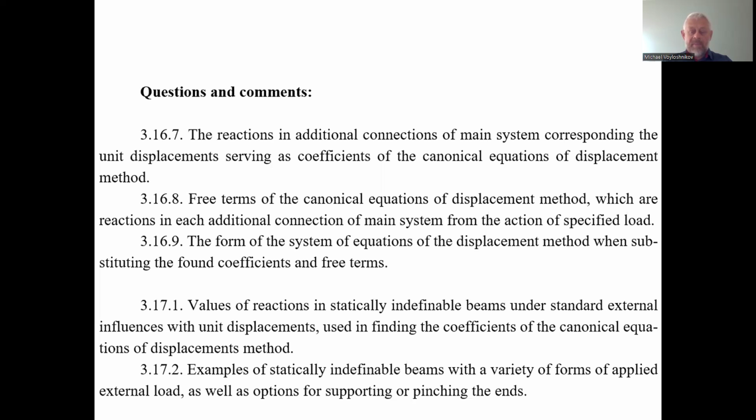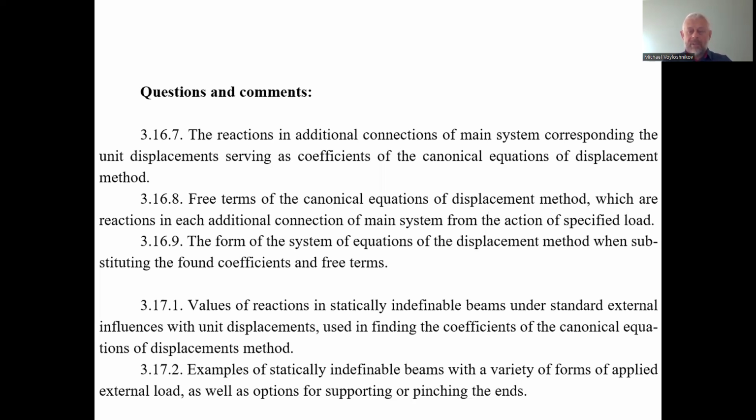So finally, the displacements correspond to the external load and correspond to the equality to 0 of the forces in the extra connections. After finding the displacement, next we can find the forces in the elements of the mechanical system.